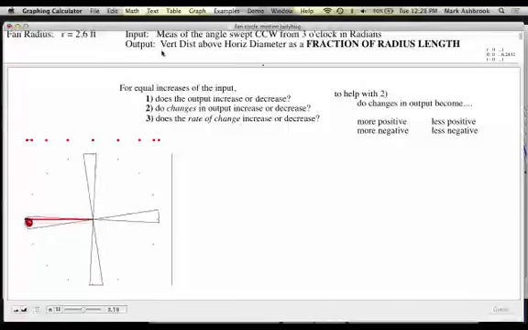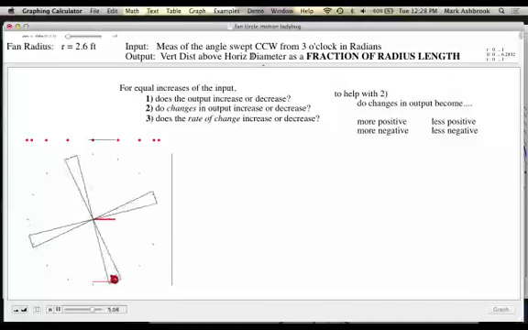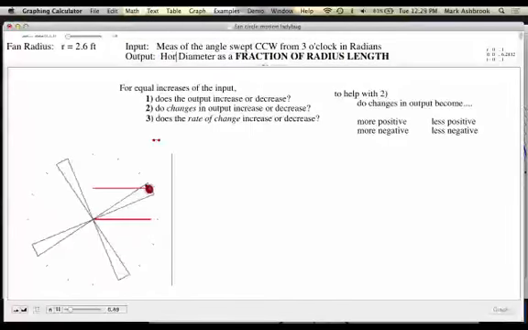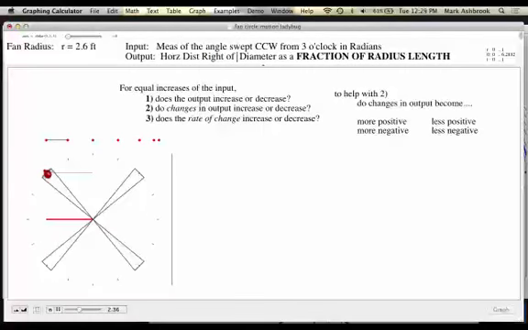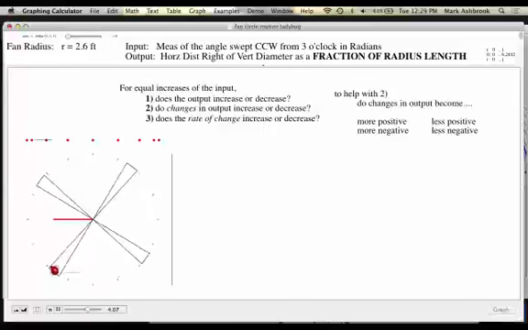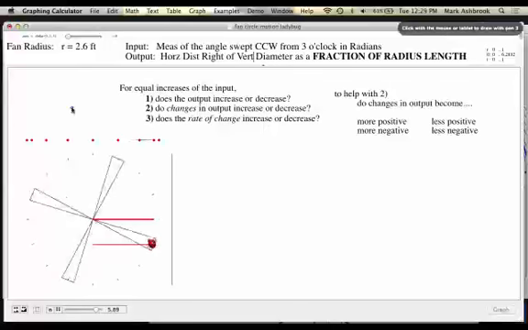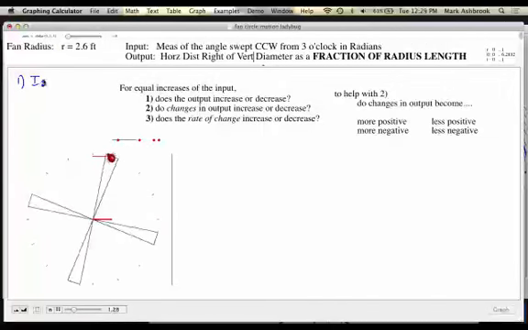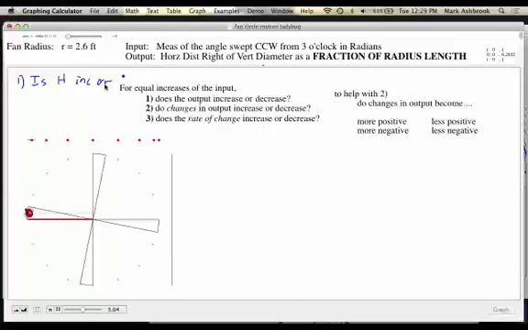Let's write this down here. So now we're doing the horizontal distance right of the vertical diameter, again as a fraction of a radius length. We'll call that h. Again, your questions are: one, in each quadrant, is h increasing or decreasing?